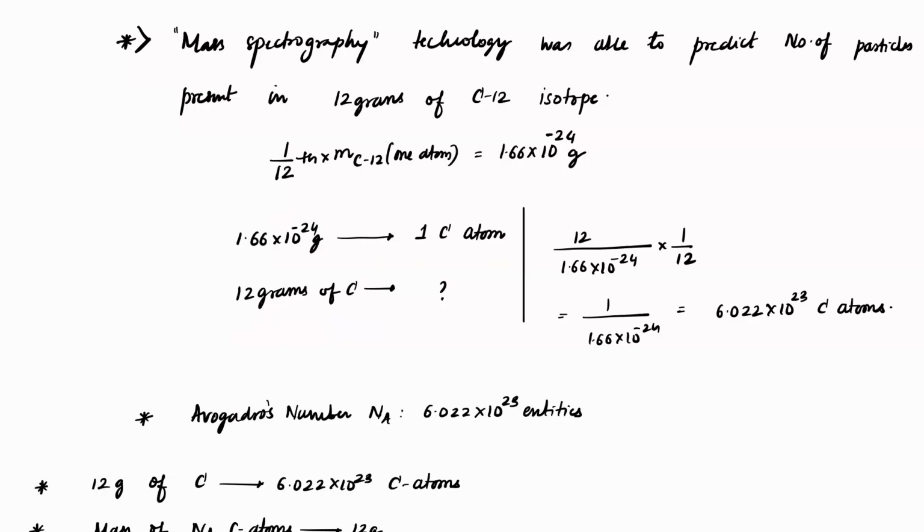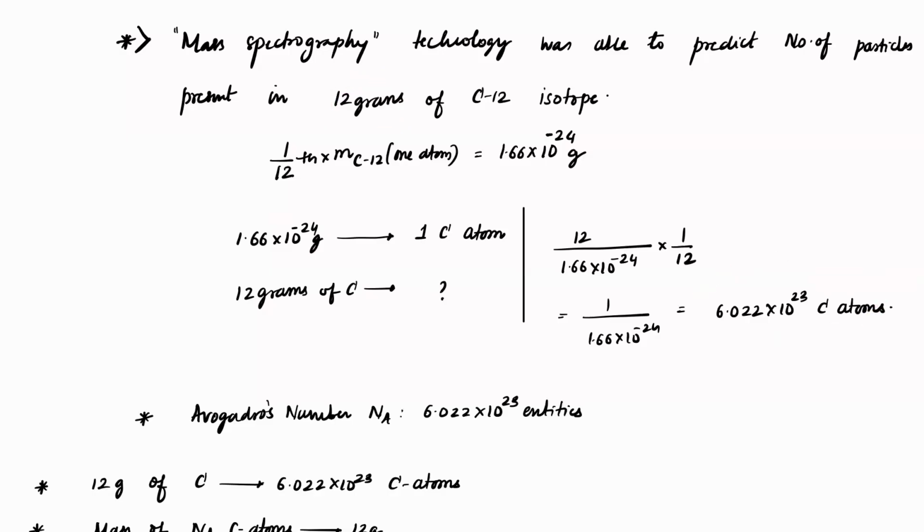And you can see the 12 and 12 will get cancelled here. So that makes it 6.022 into 10 raised to power of 23 carbon atoms. In simple terms, if we talk about 12 grams of carbon, it is equivalent to saying these many carbon atoms present in it.